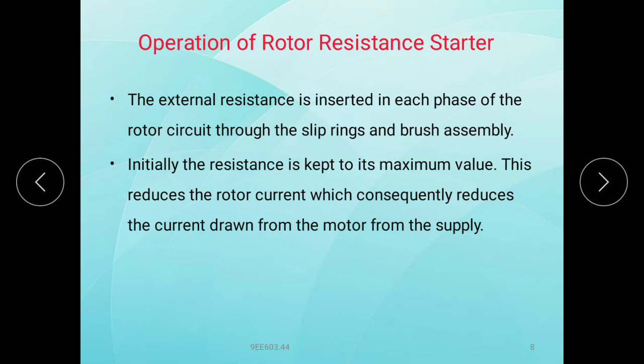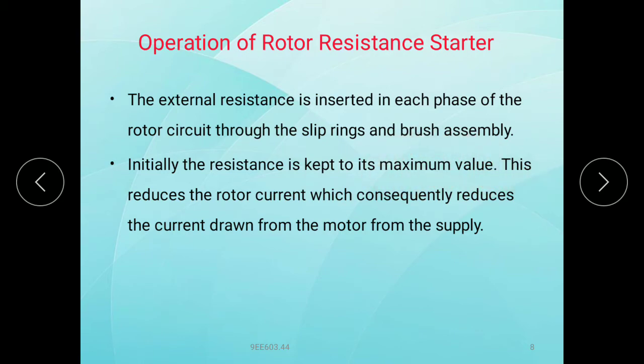Initially, the resistance is kept at its maximum value.